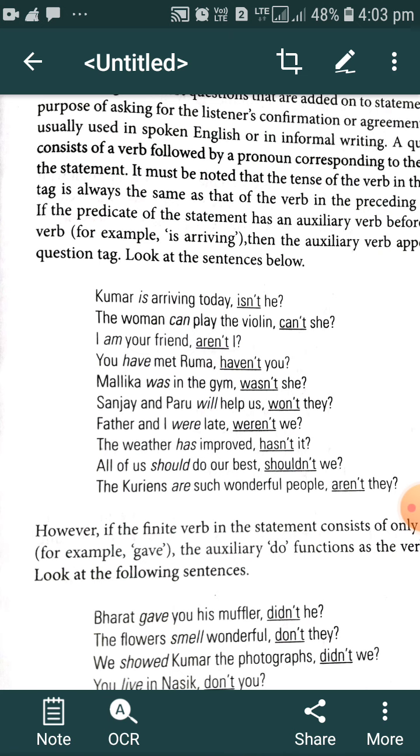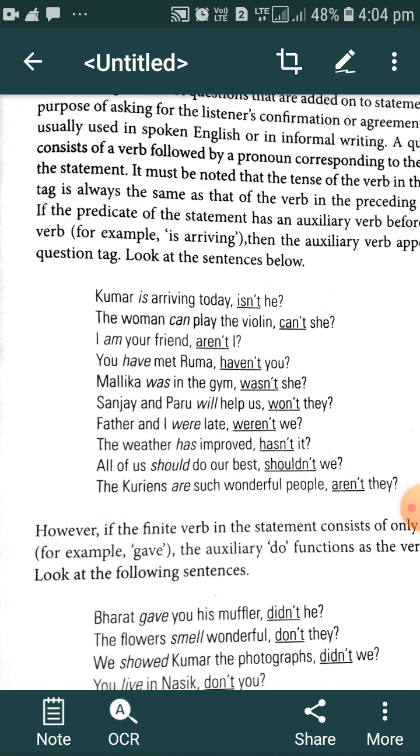That's why we use the first person pronoun, and that is we. So instead of father and I, we have used we, the first person pronoun. I is the first person singular pronoun, and we is the first person plural pronoun. So I think you must have understood all that.